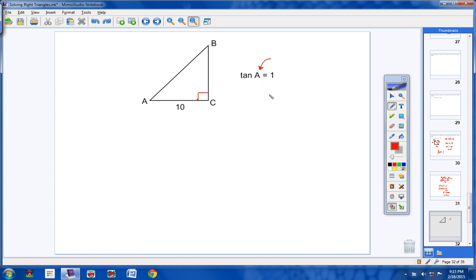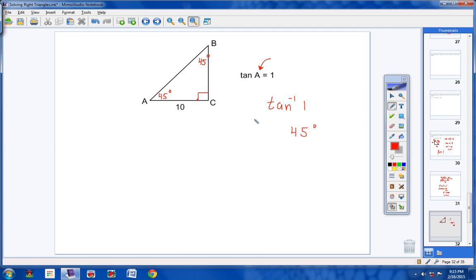Tangent of angle A. So with your calculator, because you're missing an angle, you're going to hit tangent inverse of 1 and hit enter, and out is going to pop on your screen 45 degrees. So now I know the measure of angle A is 45 degrees. That's a big help. Now I know that B has to be what? 45 degrees, because 45 plus 45 is 90, plus 90 is 180, okay?